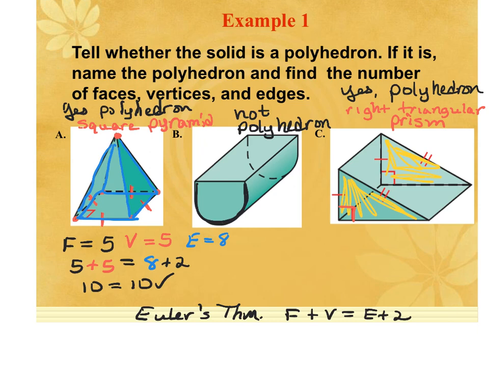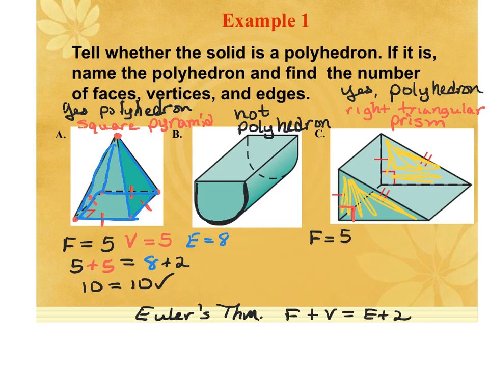So because it's a polyhedron, let's go ahead and count the number of faces. So we've already determined that we had 2 triangle faces, and then I also have 3 parallelograms, or it looks like 3 rectangle faces. So that gives me a total of 5 faces.